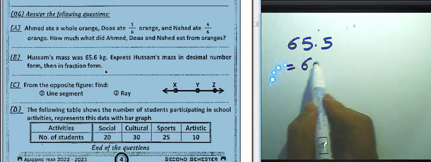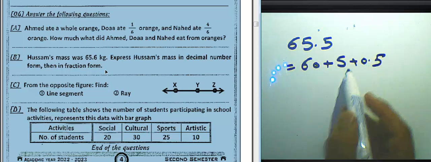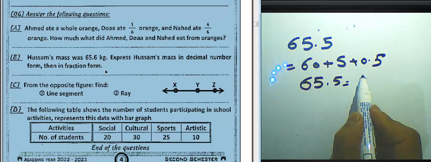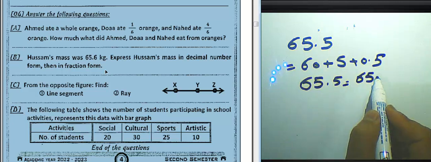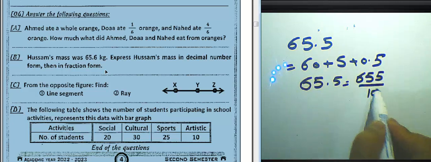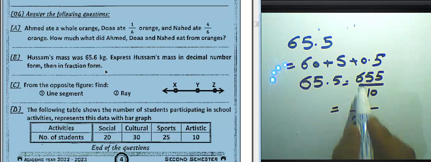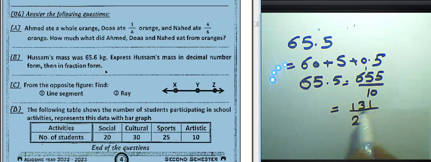You can write 60 plus 5 plus 0.5, and we can write this number as a fraction. 65.5 will be 655/10, and we can simplify it by dividing by 5. 10 divided by 5 equals 2, 65 divided by 5 equals 13, and 5 divided by 5 equals 1.